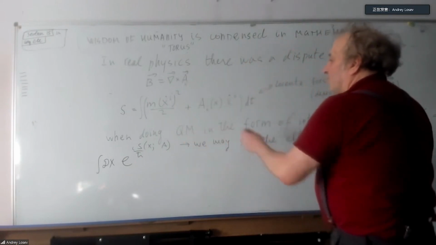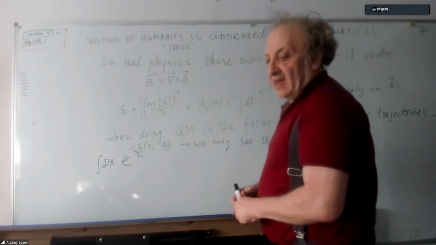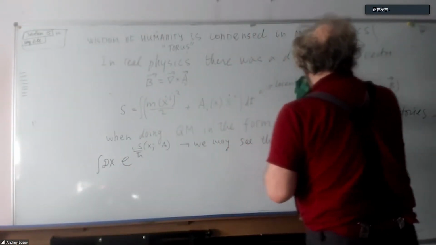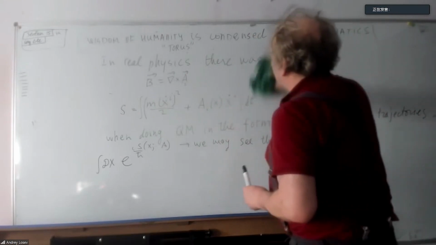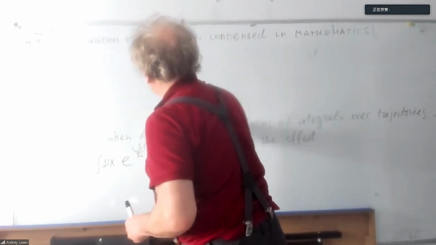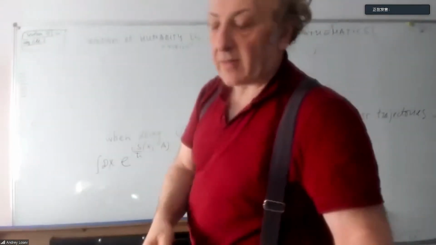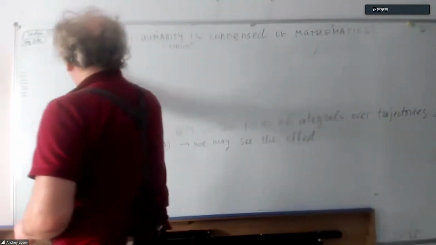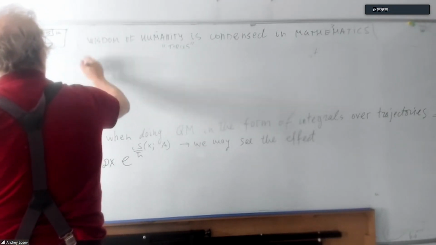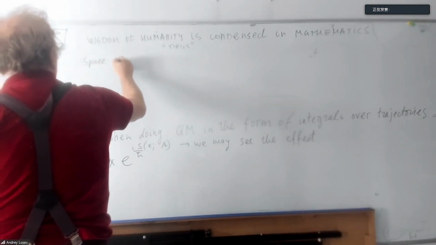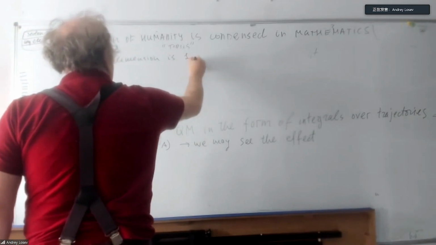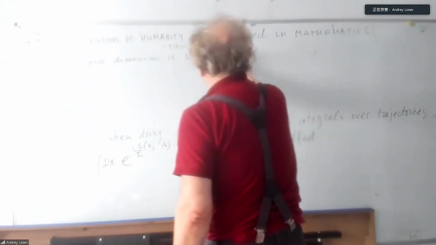So here we are moving to mathematical physics. And now let us consider the simplest model. So the space dimension is 1, and of course plus time.